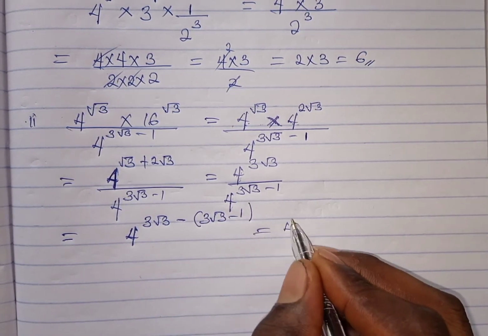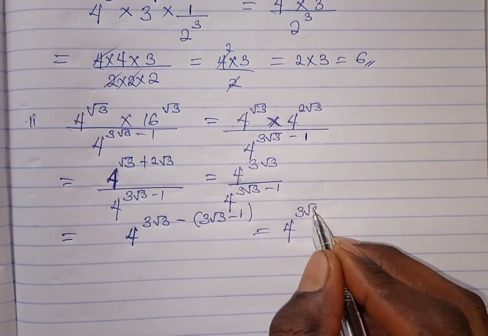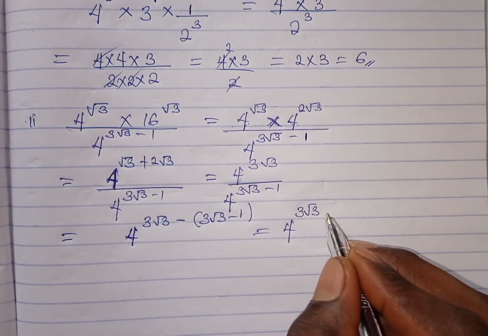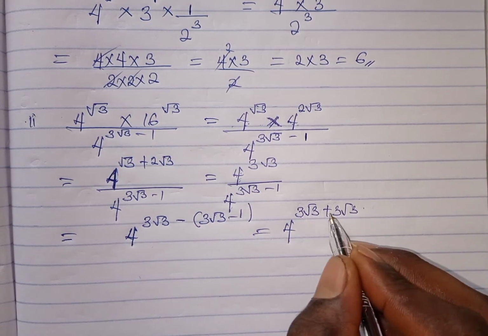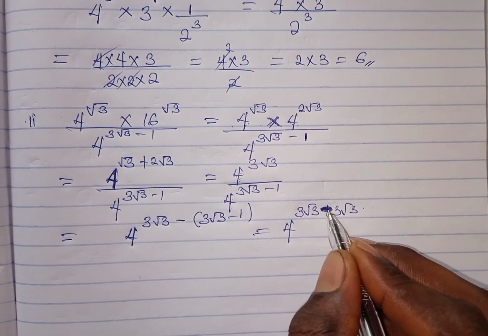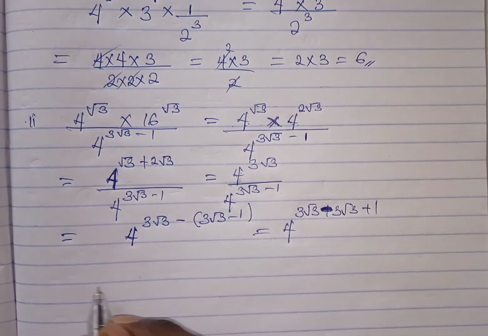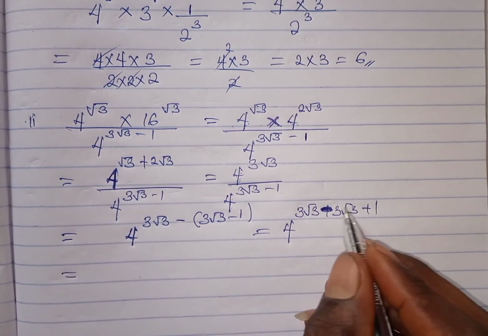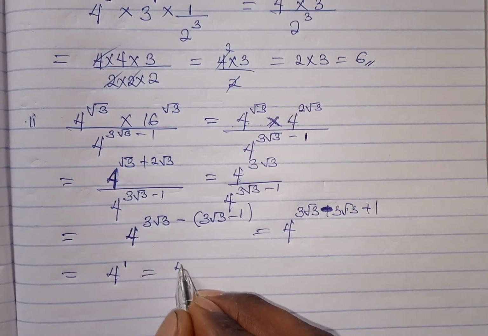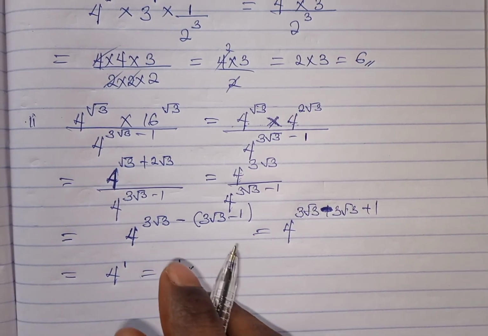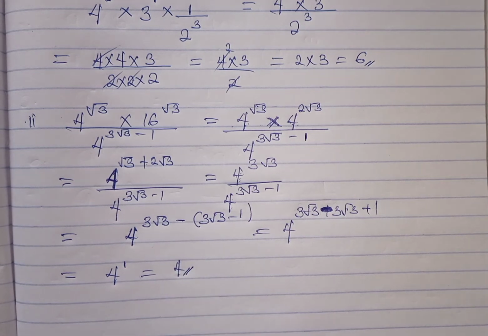So you are going to have 4 to the power of 3 root 3, minus 3 root 3, plus 1. This minus this will give you 0, so it's going to be 4 raised to the power of 1, which is equal to 4. So that is for that.